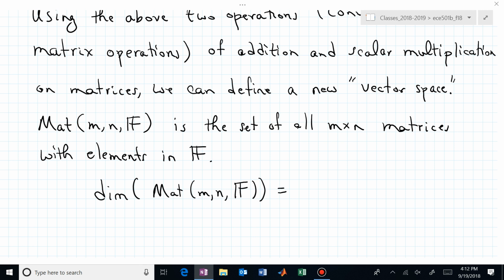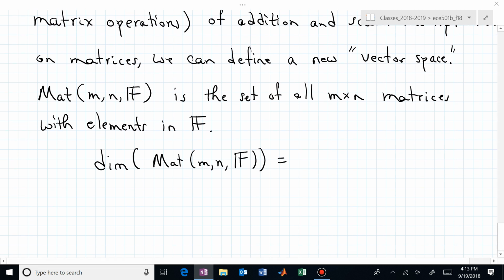What's the dimension of that? Pardon? So now, maybe I'm misleading you actually, but if you had a row vector and you had a set of those, what's the dimension? It's 1, isn't it?